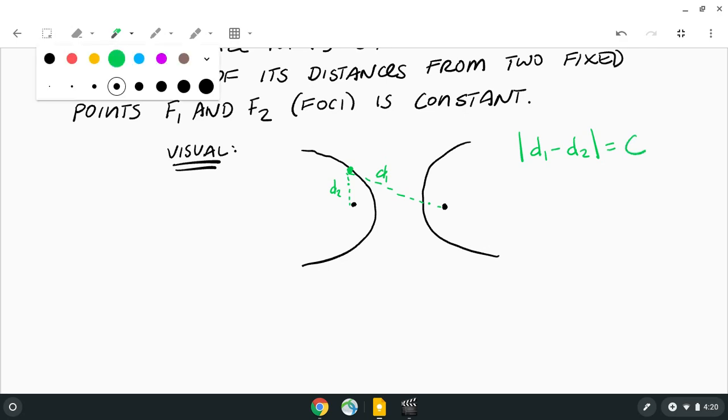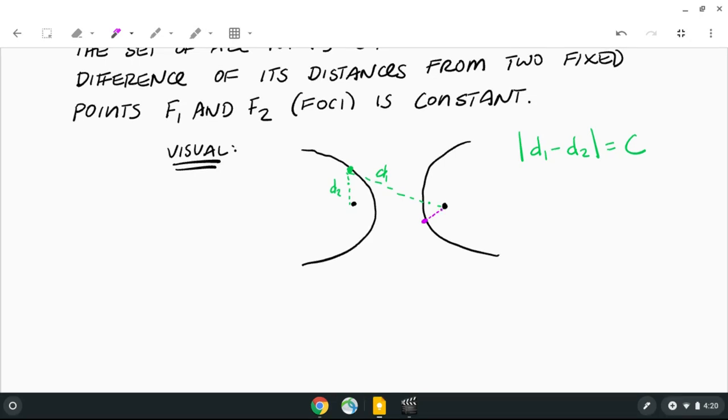And if I take another point, let's do purple, like let's say this one right over here, and I look at the distance to the two different focus points, I'll call this C1 and I'll call this C2.